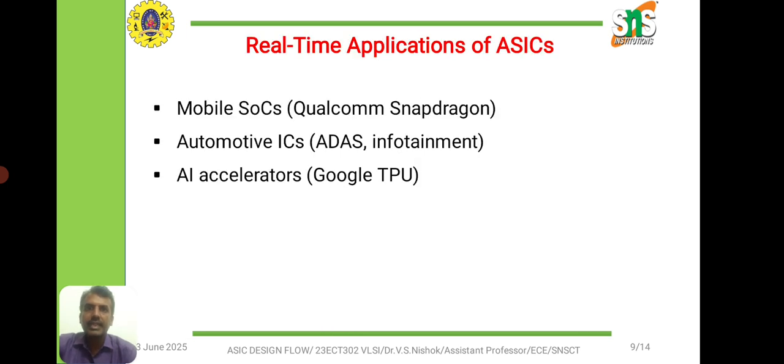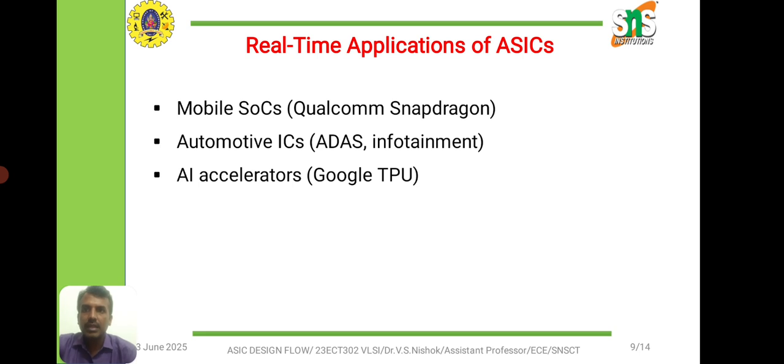And then coming to the real-time applications of ICs, where we are using the IC. Mobile SoCs, mobile system on chip, Qualcomm Snapdragon is the best example. Automotive ICs, so in the automotive industries nowadays we are using ICs, so there we can utilize these ASICs.